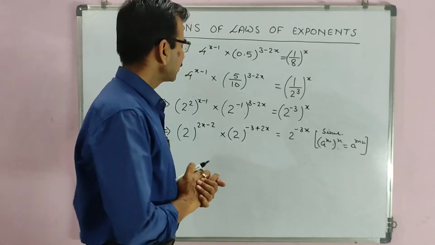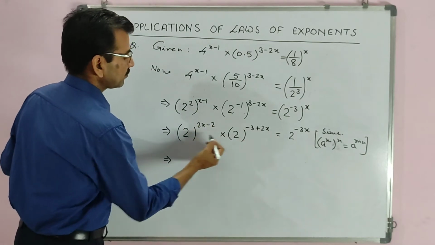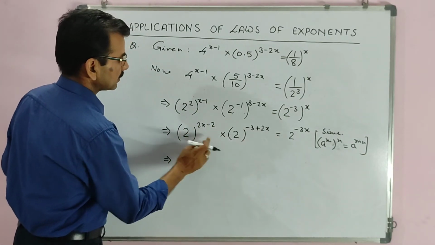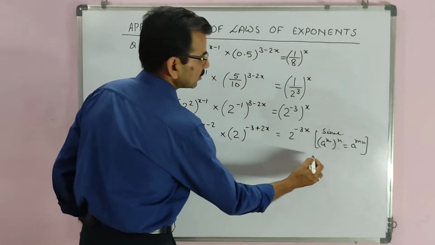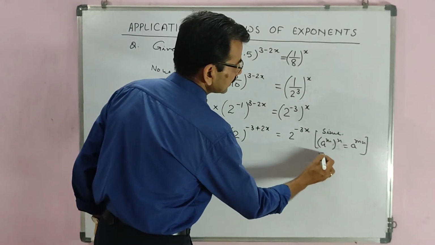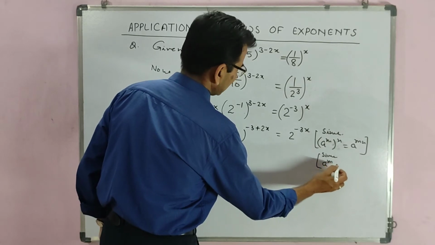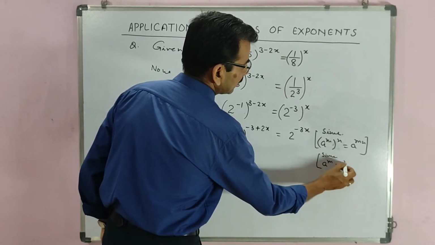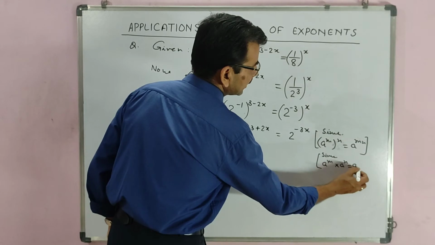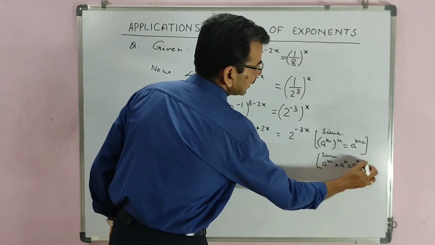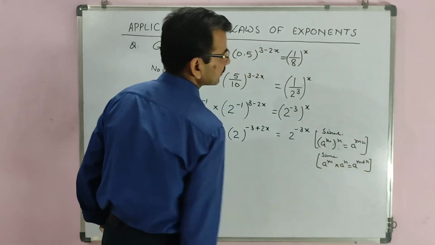Okay, very good. Now apply another law. Both the bases are same. So I am writing the law first here. Since a raised to power m into a raised to power n is equal to, yes, many have answered, a raised to power m plus n.